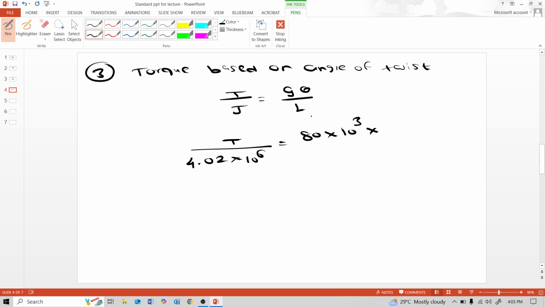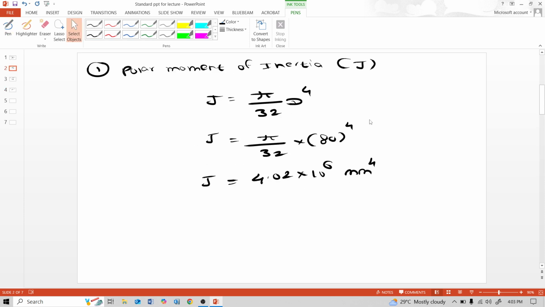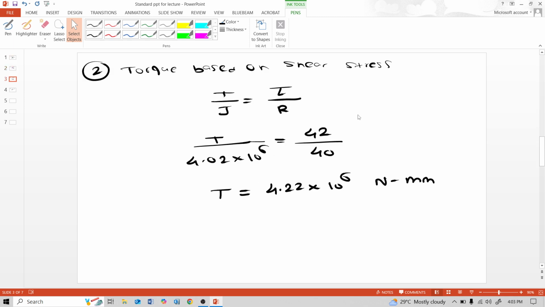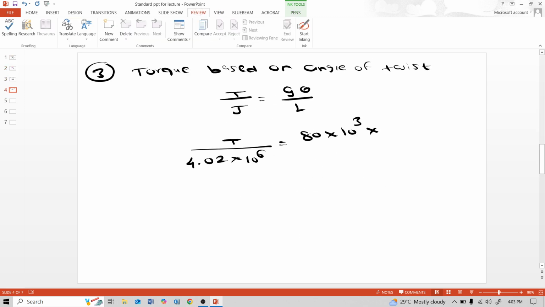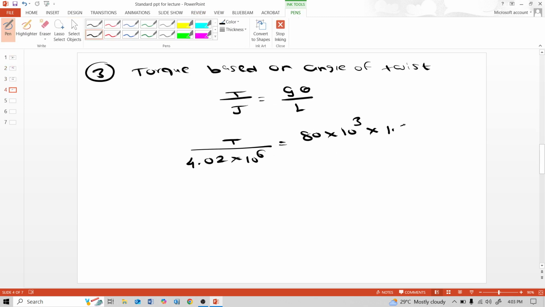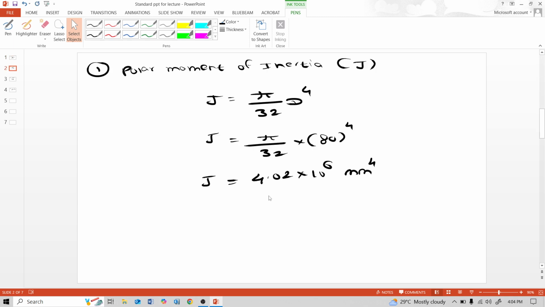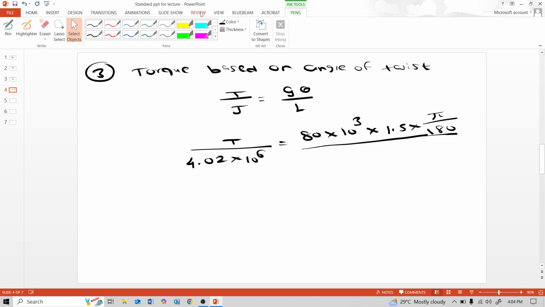Don't put the degree value. 1.5 into pi by 180 and divided by length. Length is 5 meters, that means 5000 mm.